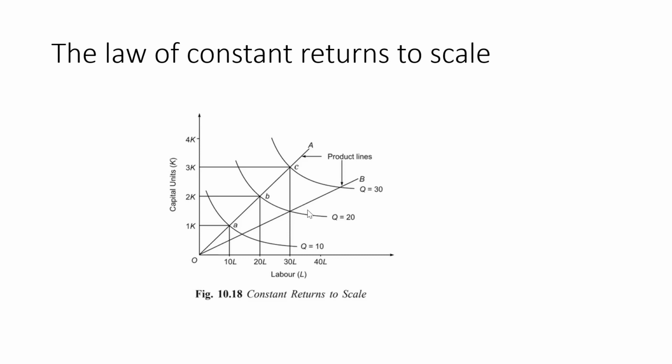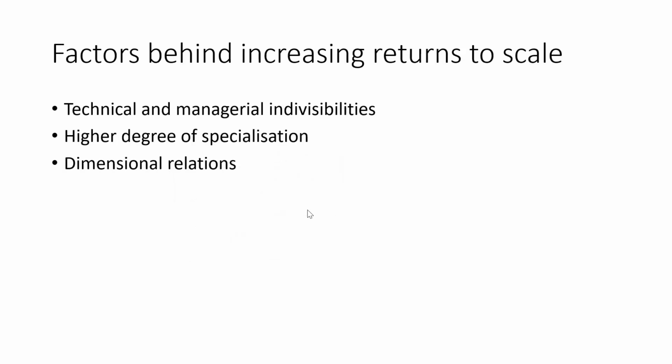The other law of returns to scale is the law of constant returns. Sorry, I'd forgotten to talk about the higher degree of specialization. We have an automatic improvement in the degree of specialization of both the labor and machinery, which makes it possible to increase the scale of production.